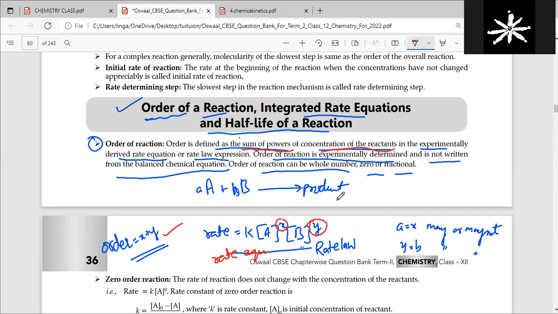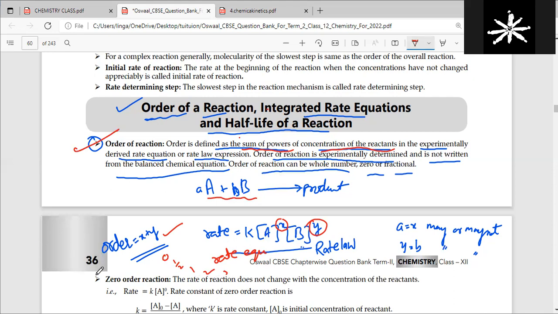Order of reaction is experimentally determined, and it is not written from the balanced equation. From this balanced equation, we cannot derive. Order of reaction can be whole number, zero, or fractional. This x plus y, it may be zero, it may be half, 1, 2, 3, like this. Okay, this is clear.